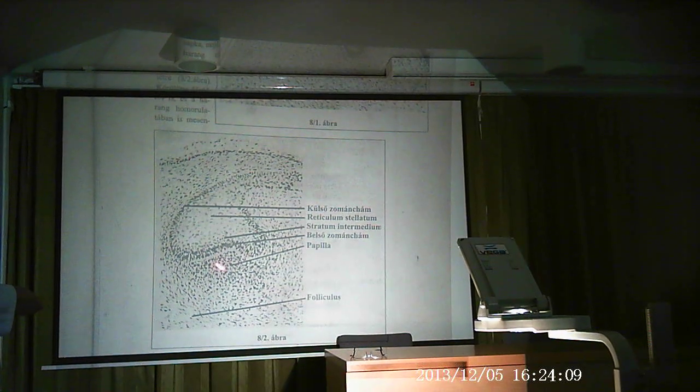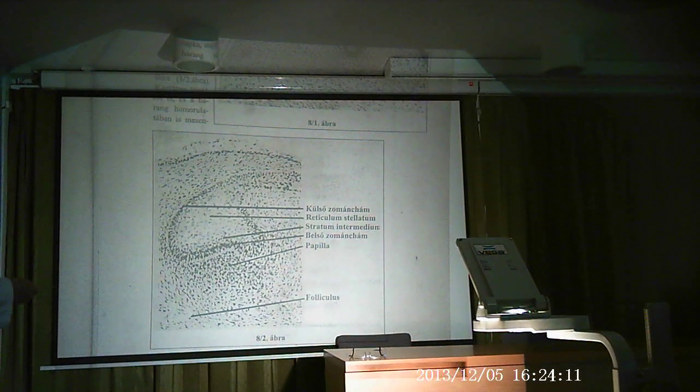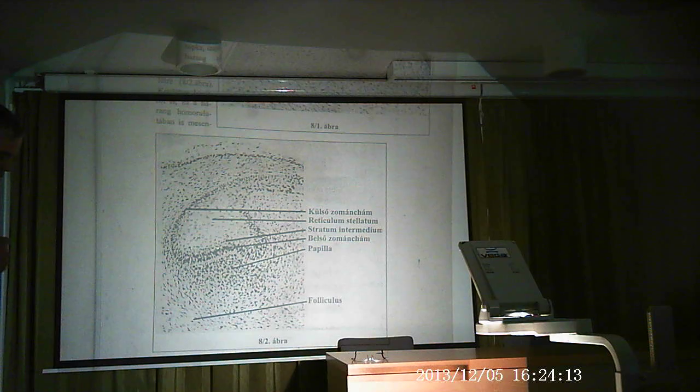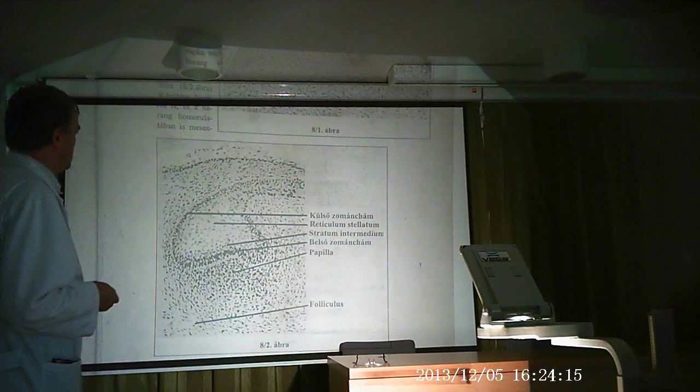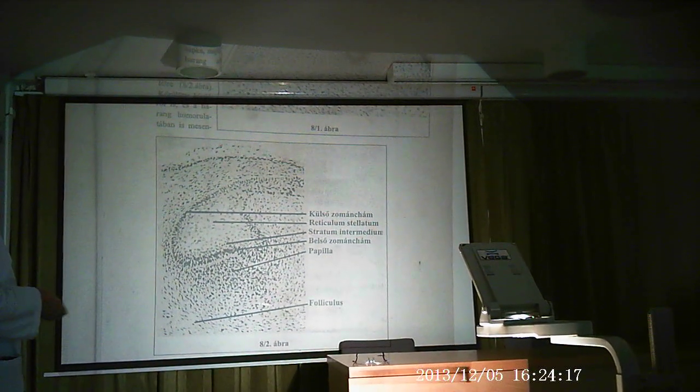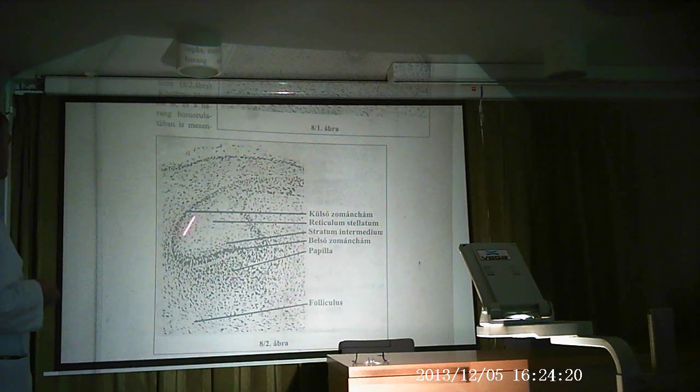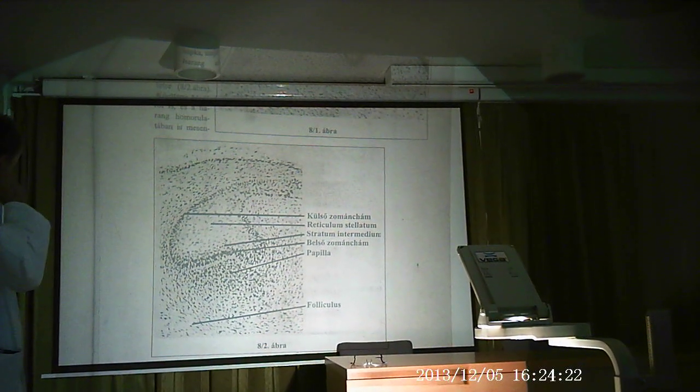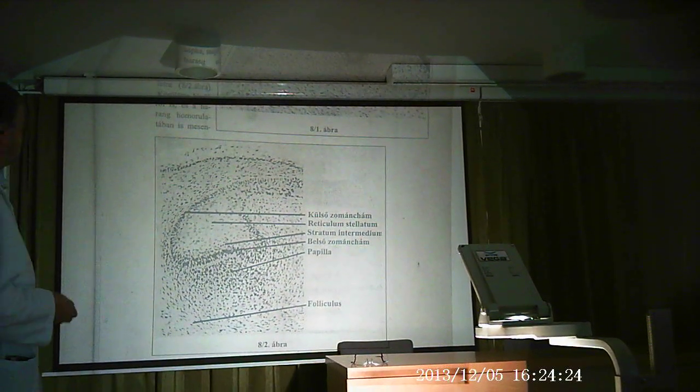This is the papilla, and this is the follicle. These are the 3 main parts of the tooth germ. Papilla and follicle are mesodermal origin, and the epithelial or enamel organ is ectodermal origin.